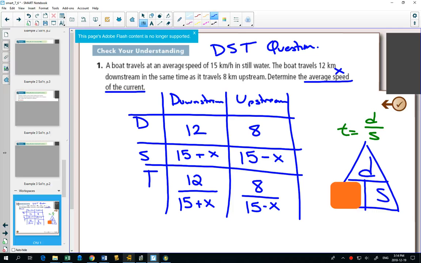Once your chart is completed, there's enough information in the question to create an equation. What do we know about the chart? This time and this time are the same because it says it takes the same time to go 12 kilometers downstream as it does to go 8 kilometers upstream.